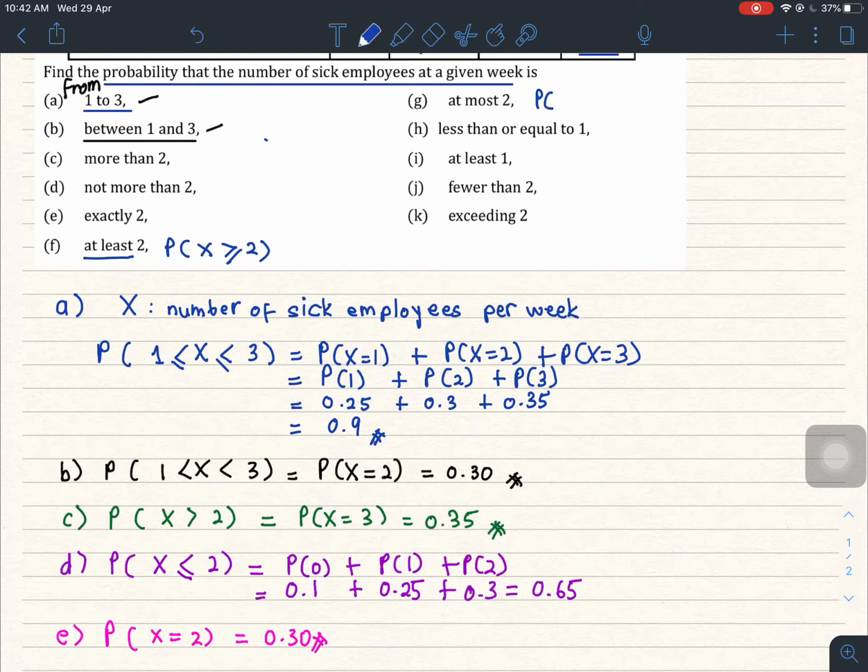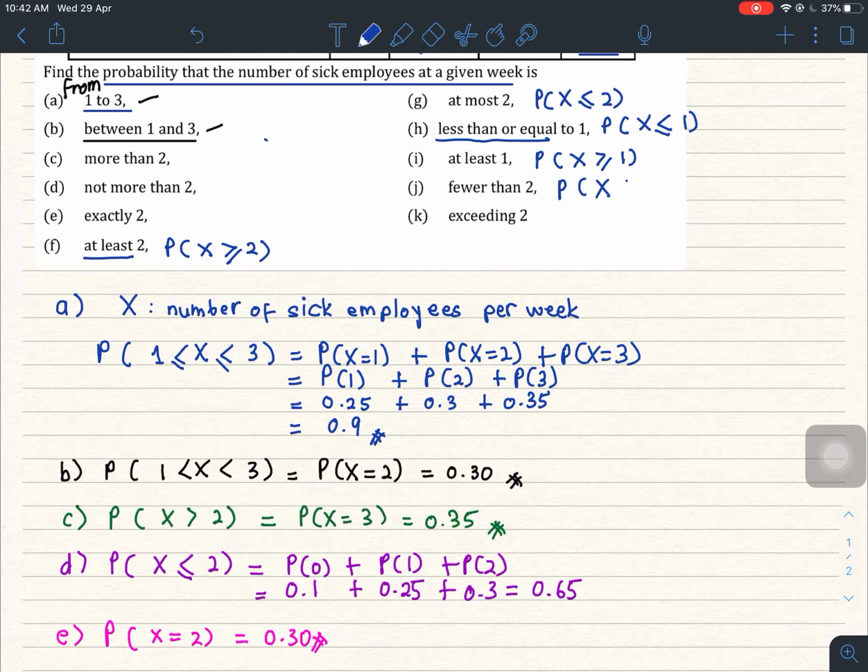At most, you have X less than or equal to 2. For part H, they already give less than or equal, so just write X less than or equal to 1. At least, again, X greater than or equal to 1.